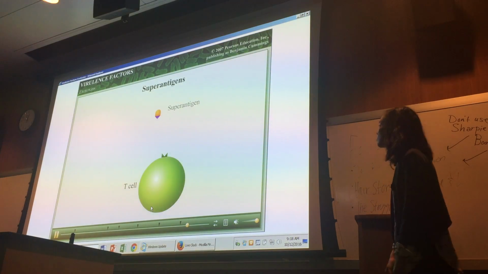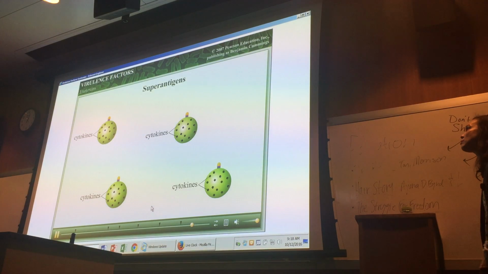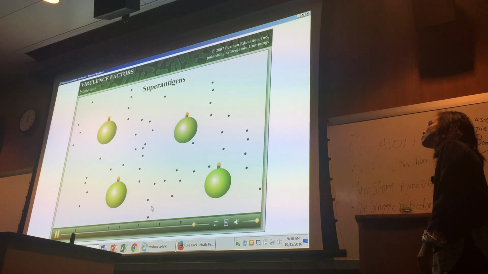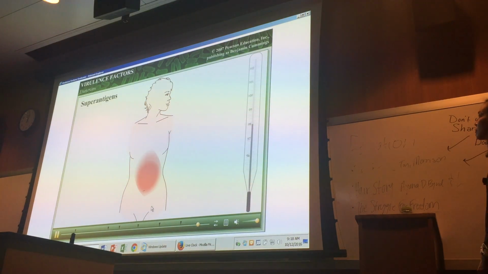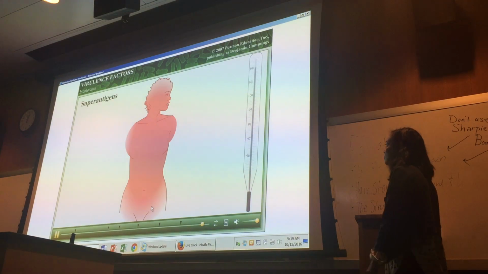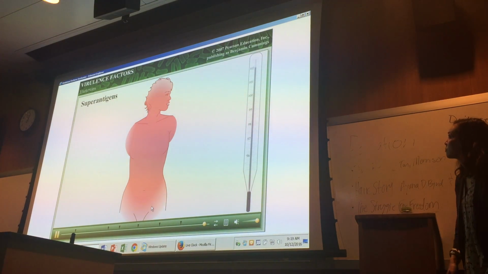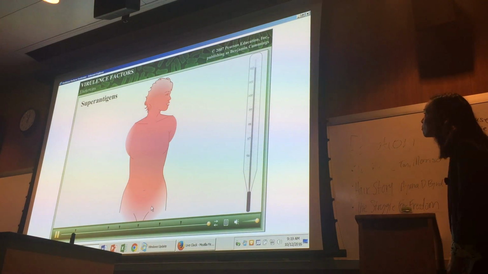First, it causes a proliferation of T cells. Then it causes the T cells to release excessive amounts of cytokines, which can stimulate fever, inflammation, and shock. This very intense response could lead to death. The toxins secreted by Staphylococcus aureus in food poisoning and toxic shock syndrome are an example of a superantigen.